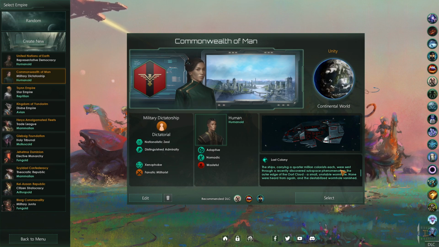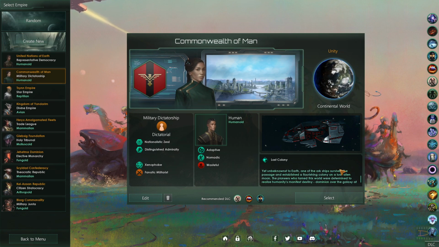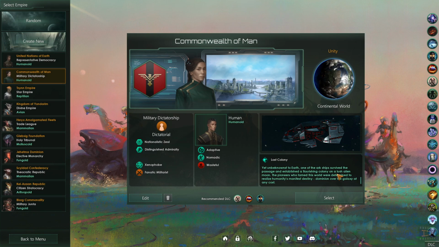None were heard from again, and the destabilized wormhole vanished. Ooh, that sounds interesting. Yet unbeknownst to Earth, one of the arc ships survived the passage and established a flourishing colony on a lush alien moon. The pioneers who tamed this world were determined to realize humanity's manifest destiny, dominion over the galaxy at any cost.